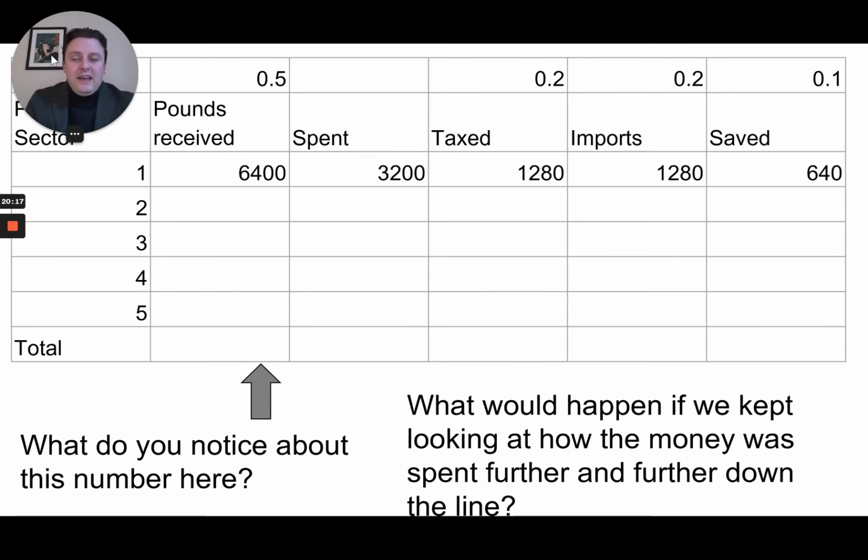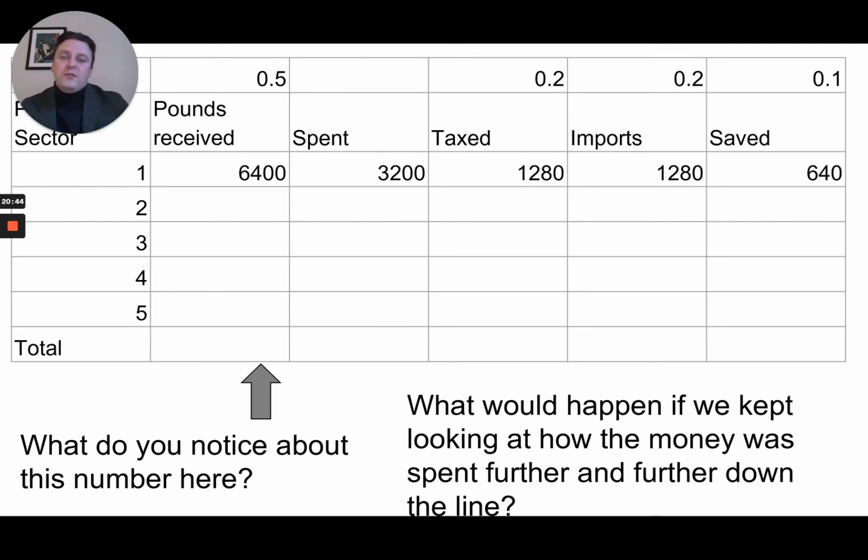And we've got the pounds received. So imagine there is an injection into the economy of 6,400, and we've got a 0.5 marginal propensity to consume here, which means that I'm going to be spending 50% of my income.